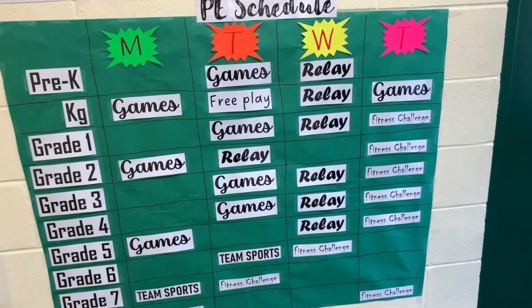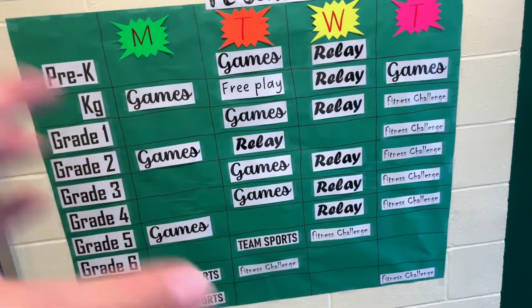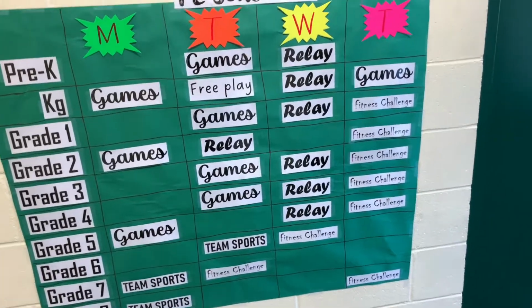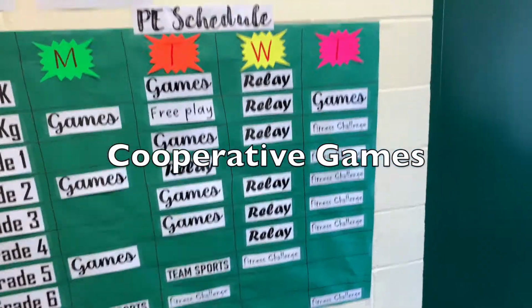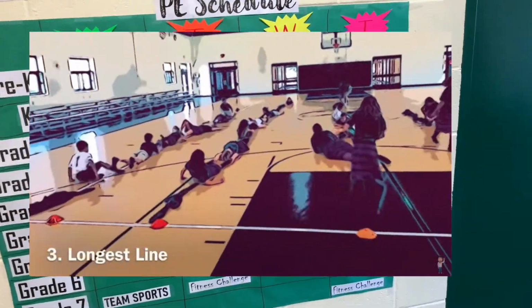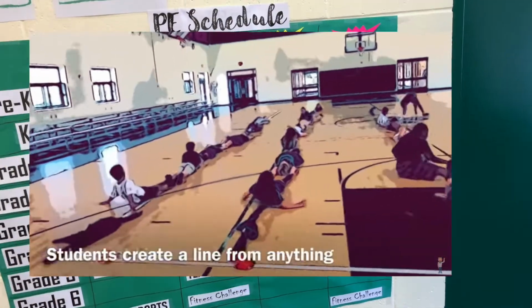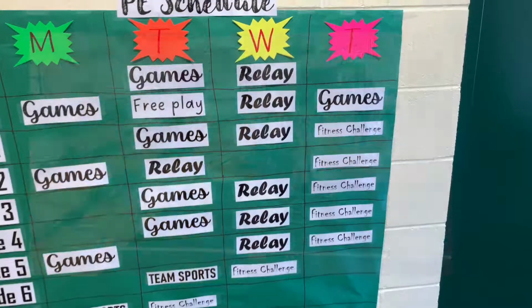If you have some tic-tac-toe, you can do it also. If you have some cup stacking activity, you can do it. You can do some cooperative games also. I have a video of it, a lot of cooperative games you can put into your planning when you are having a relay day.